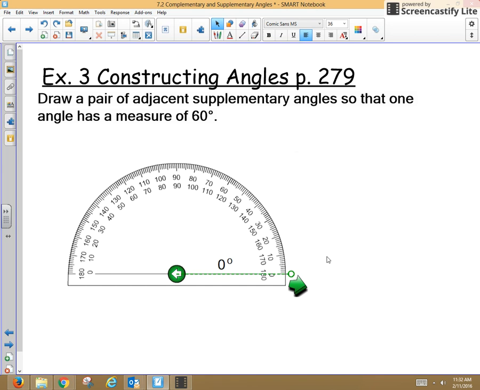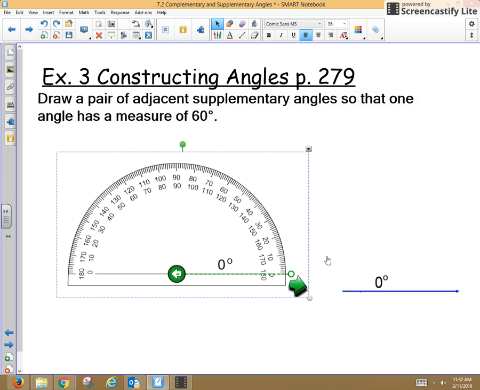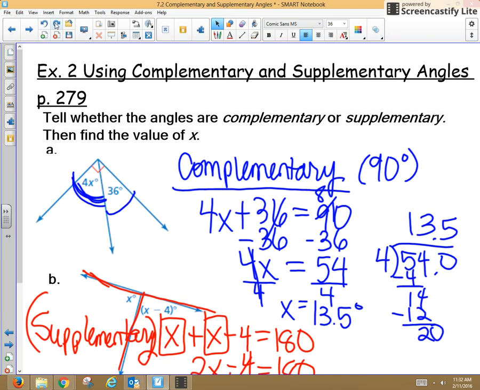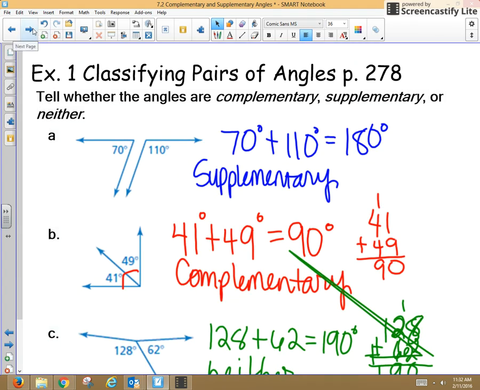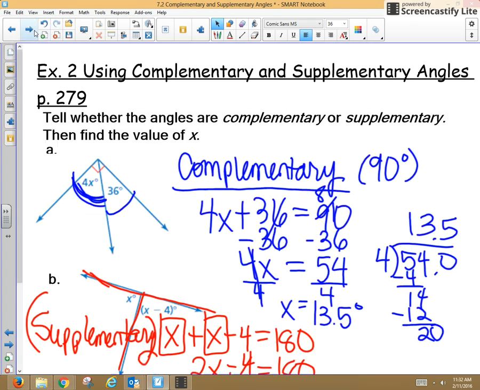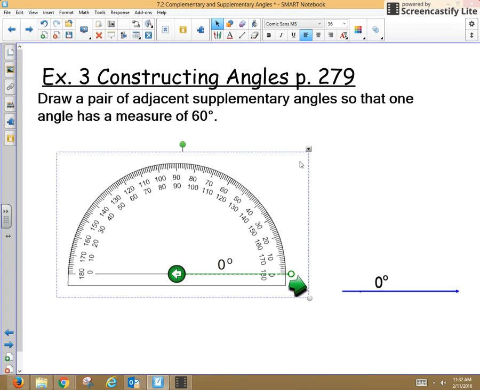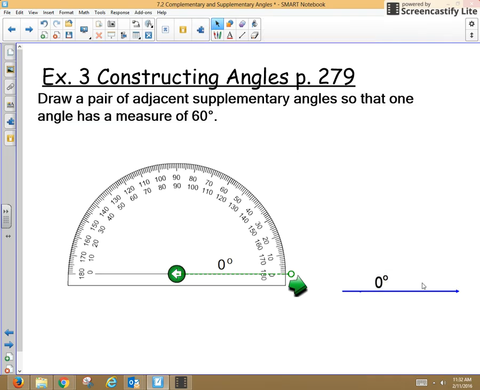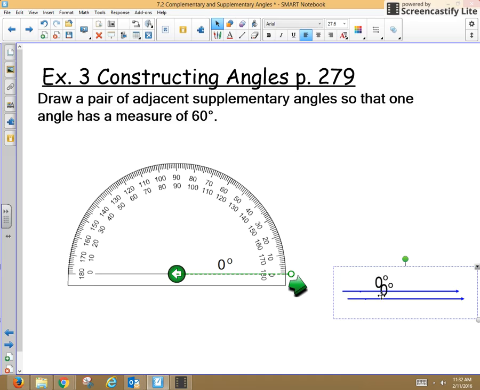So I'm going to use my protractor here. Okay, so let's try. Sorry about that.